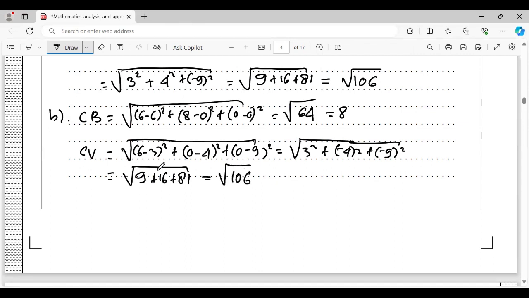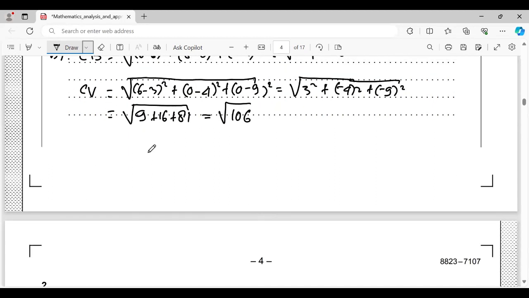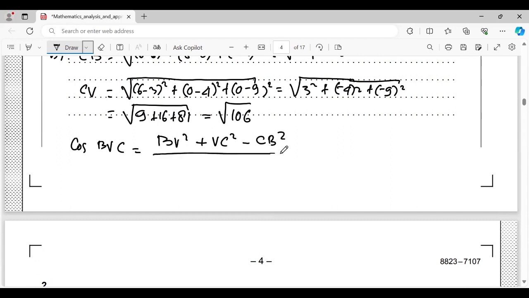and it is square root 106. So cosine of angle BVC is (BV squared plus VC squared minus CB squared) over (2 times BV times VC).